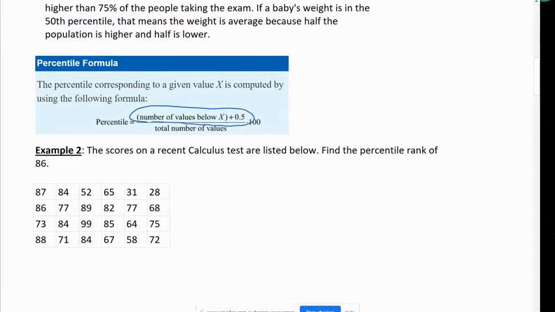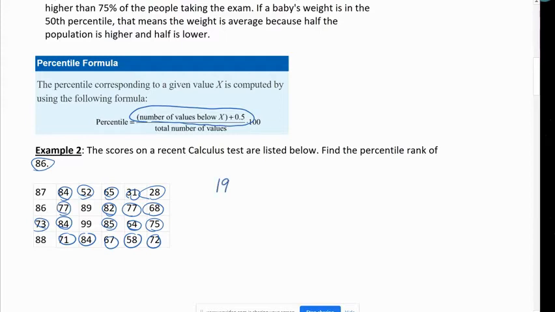And so for example 2, if we're looking for the percentile rank of 86, we want to circle all the values that are less than 86. And so that's going to be all of these. Okay, so altogether I circled 1, 2, 3, 4, 5, 6, 7, 8, 9, 10, 11, 12, 13, 14, 15, 16, 17, 18, 19.